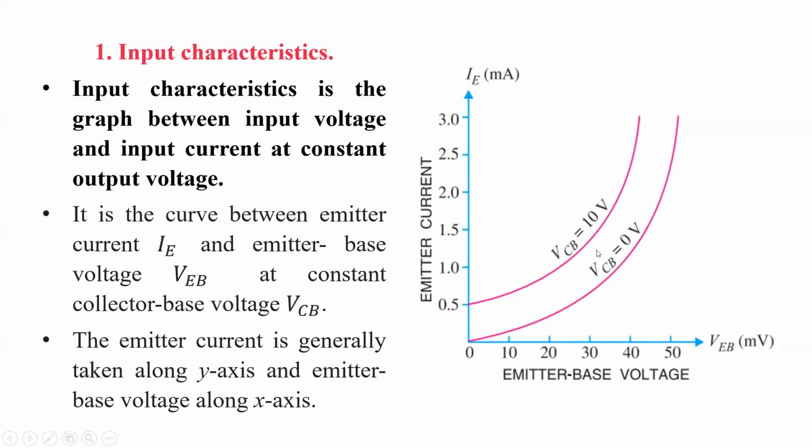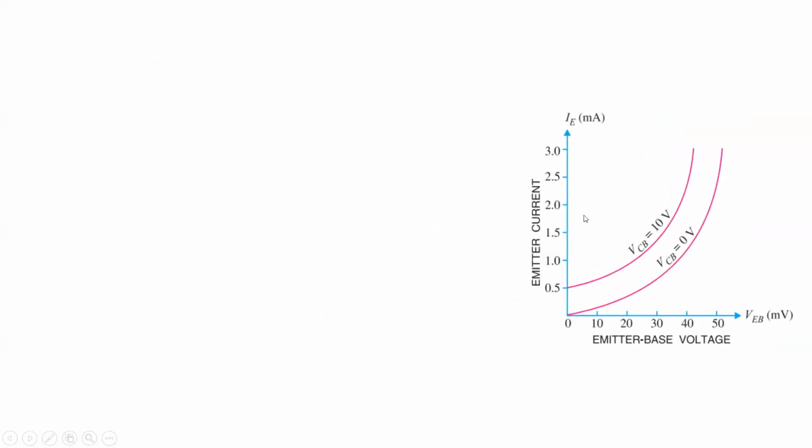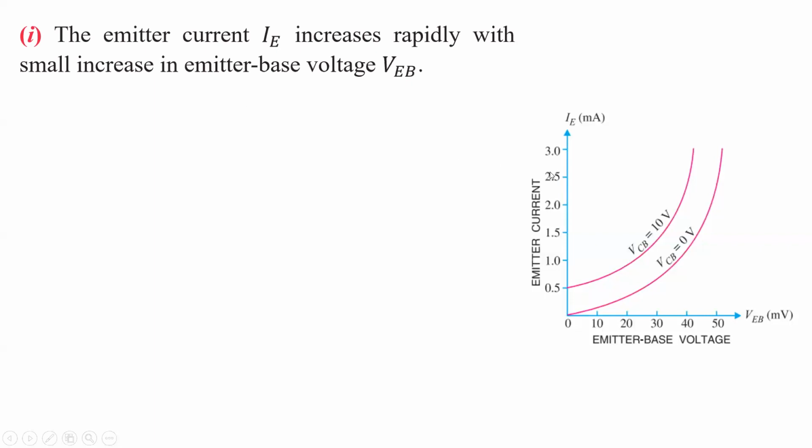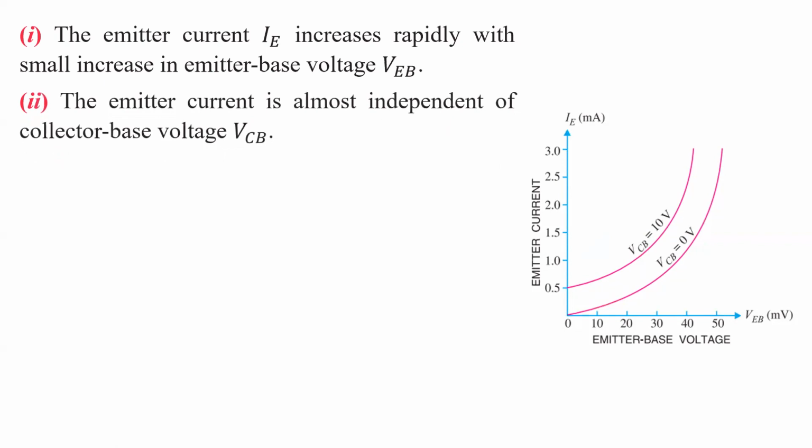What you can get from the input characteristic is that you can calculate the resistance of the device by taking 1 by slope in the linear region. Here it is observed that the emitter current IE increases rapidly with a small increase in the input voltage VEB. So there is a large variation of current with small variation of voltage.